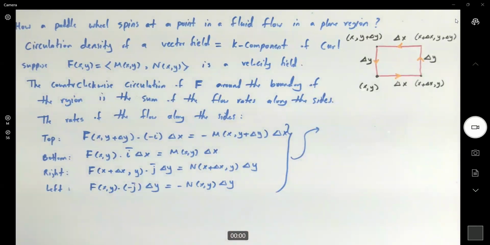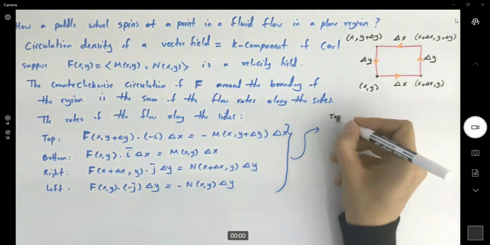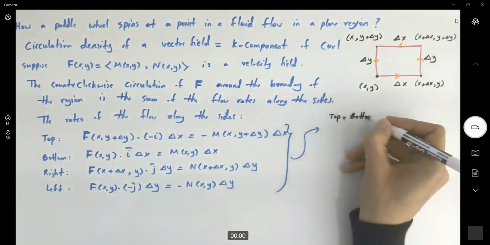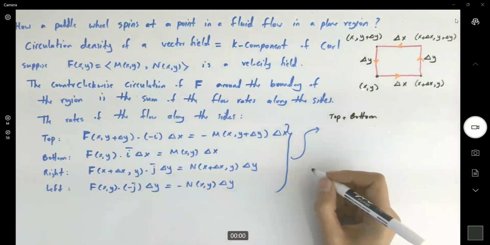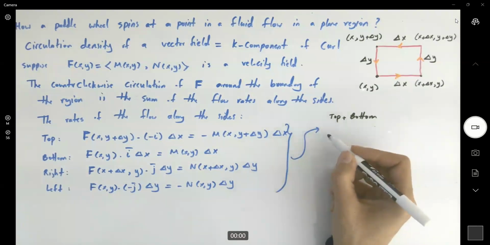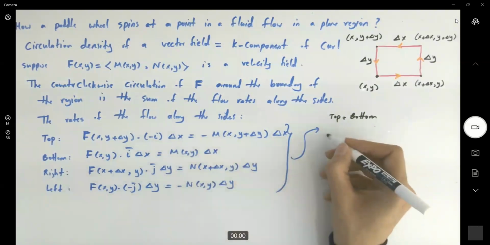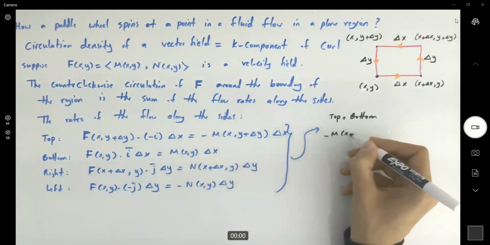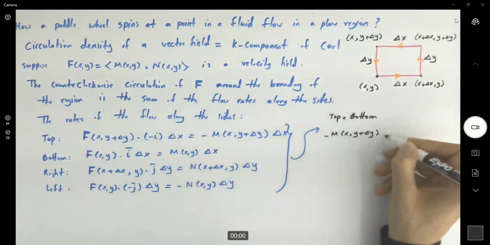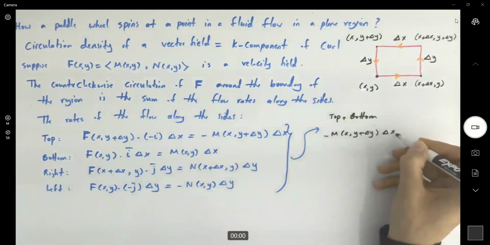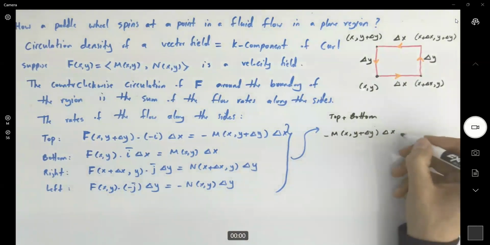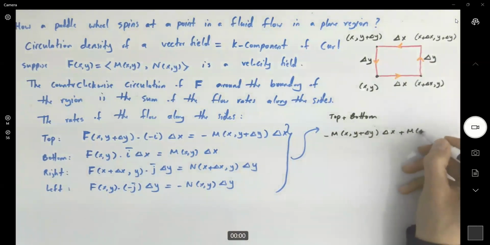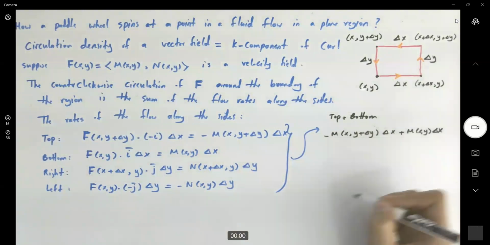For the top and bottom, we have negative M of x and y plus delta y delta x plus M of x and y delta x.